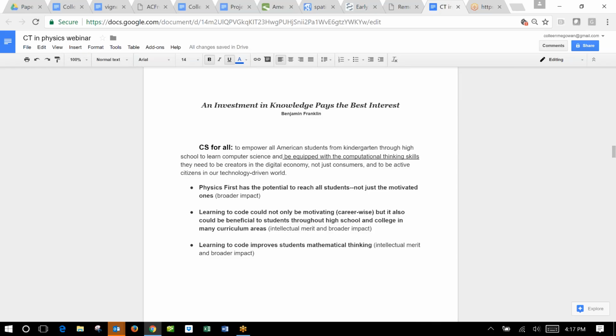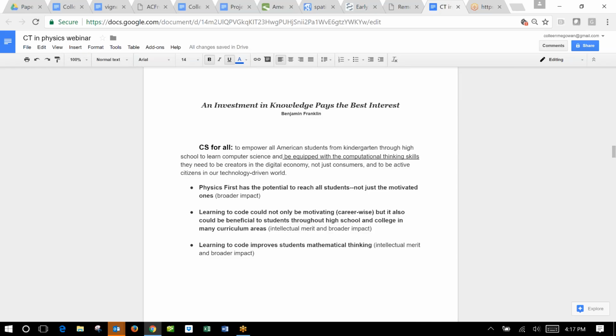All right, so we used physics first because it has the potential to reach all students, not just the motivated ones. And as far as the National Science Foundation is concerned, whatever you propose has to have the potential for broad impact. So this was a broader impact gold star for us.